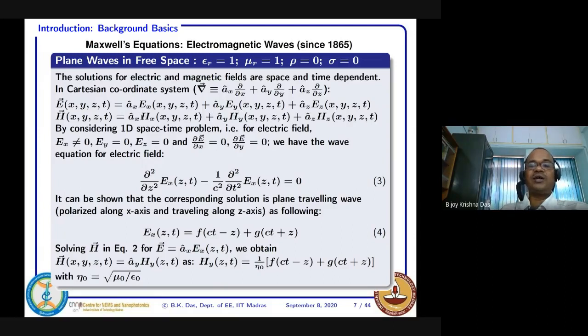If you know the x component, the y component and the z component at that coordinate and that instant, then you can find the actual electric field at that coordinate. Similarly, the magnetic field here.